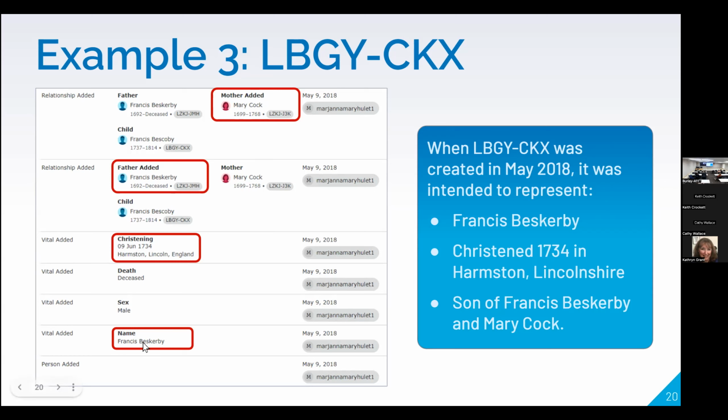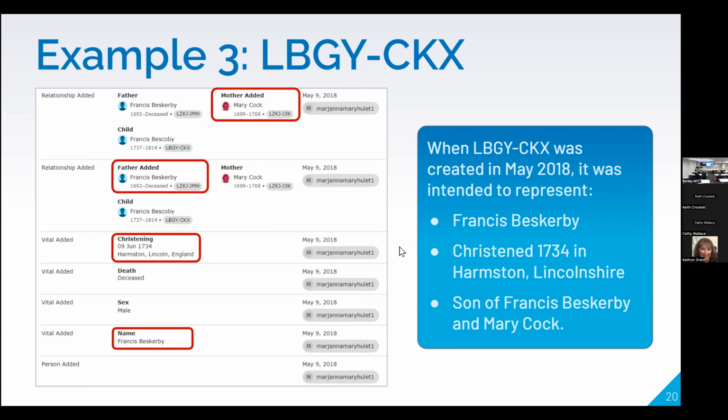So this is still essentially the same name, but look at the key vital. 1734 Harmston. So he was originally intended to be the guy that was christened in 1734, not the guy that was born in 37. So he's got this dad and he's got this mom.